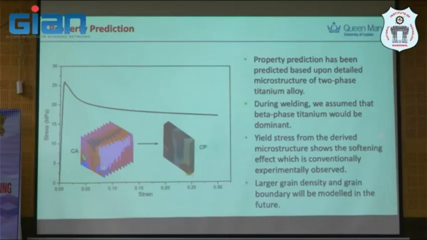The yield stress derived from this microstructure shows some softening effect. If you think about the bead in additive manufacturing, this will be the sensitive zone because it's softer than other zones, right? And a larger density of grains can be modeled in the future.